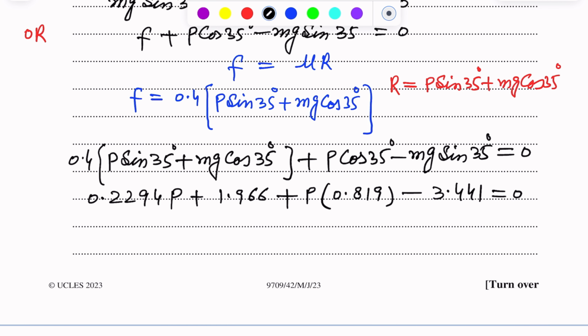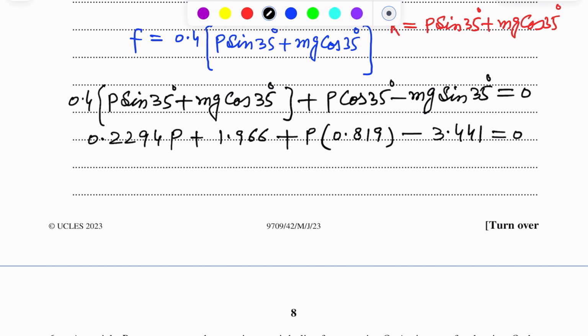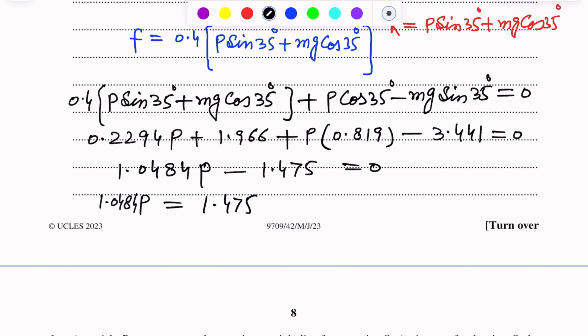Now we are adding these two terms involving P. So we get 1.0484 P, and minus 1.966 minus 3.441 becomes minus 1.475, is equal to 0. From here, 1.0484 P is equal to 1.475.